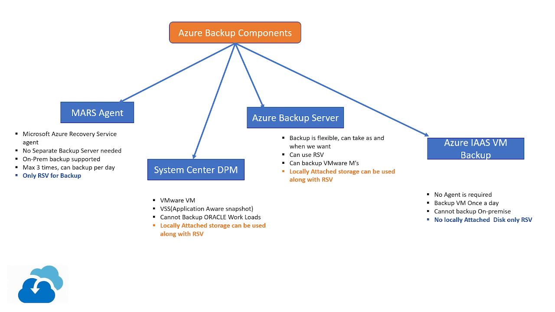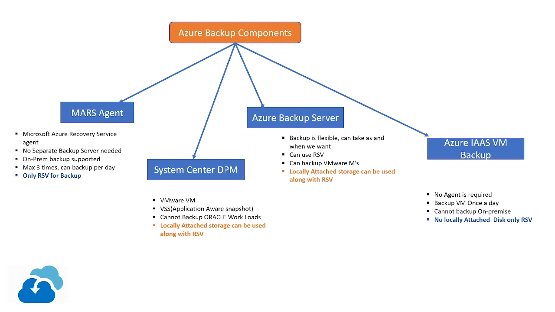So these are all the components. Now you know there are 4 components: MARS agent, System Center DPM, Azure Backup Server, and Azure IaaS VM backup. MARS is for on-premises and supports RSV. System Center is for VMware and supports both RSV as well as locally attached storage.